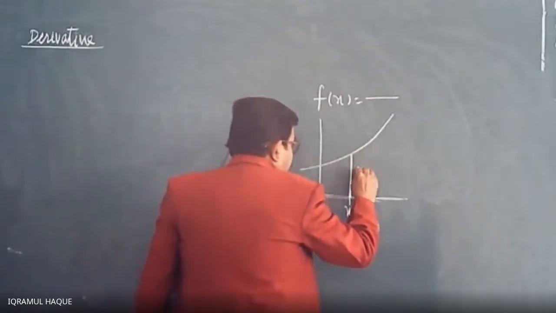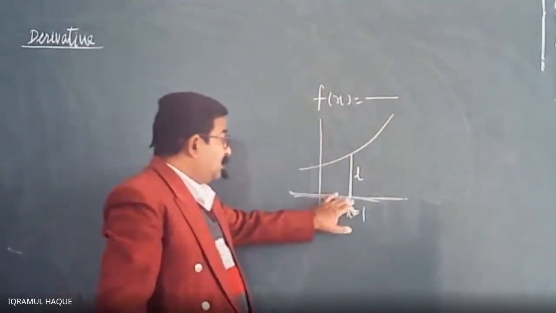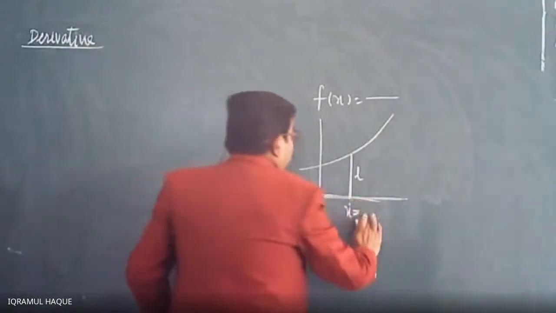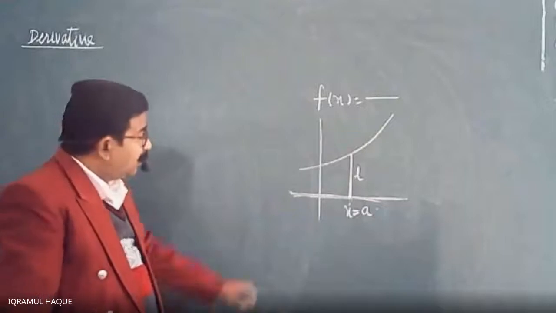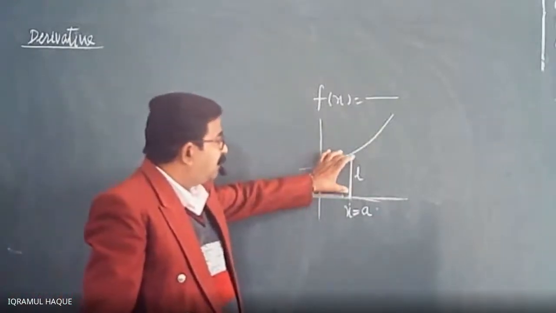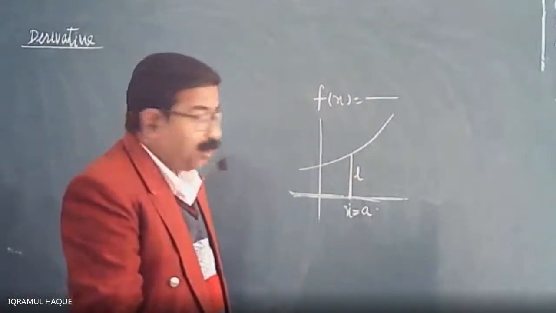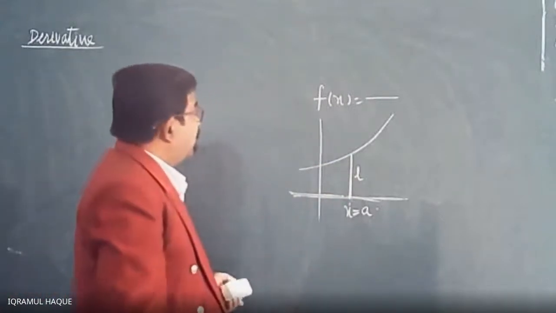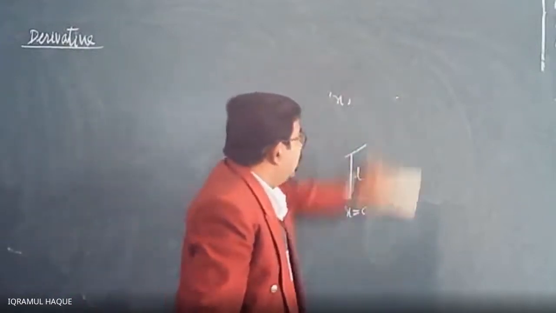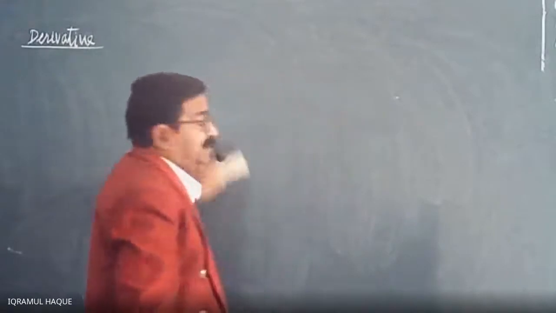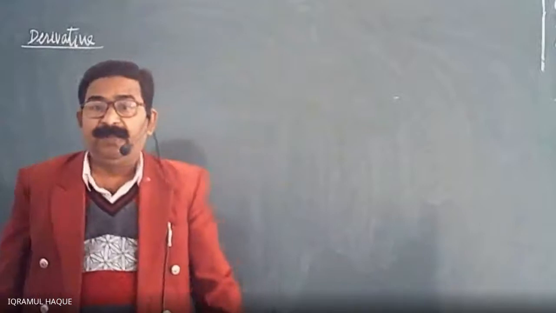Suppose this value is L. At x is equal to a, we have taken any point, so this value will be the value of function in its domain. In short, if a real valued function is given, the value of function at any point in its domain is the derivative.